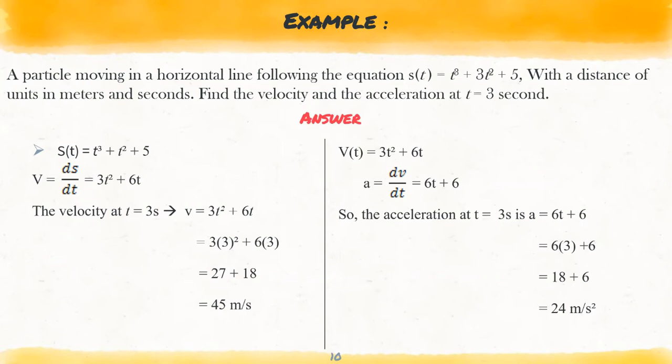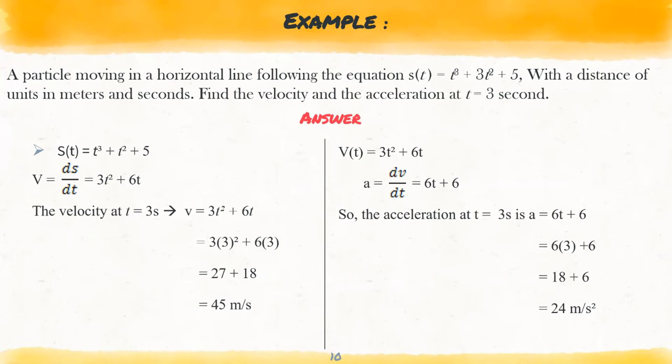The velocity at 3 seconds, we just put 3 into 3t squared plus 6t. So 3 times 3 squared plus 6 times 3 equals 27 plus 18, so we get 45. The velocity is 45 meters per second.